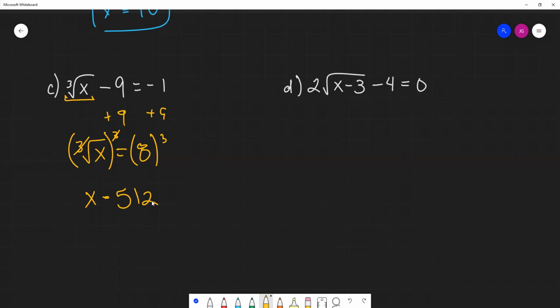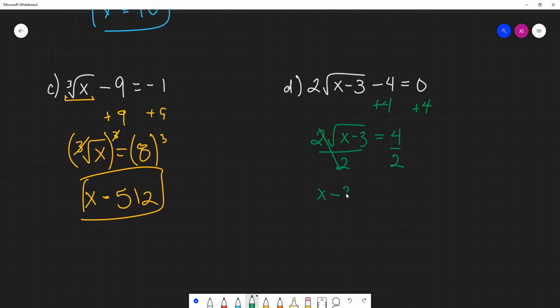is 512. All right, and then last part of this example, 2 square root of x minus 3 minus 4 equals 0. We'll start by adding the 4 over. I get 2 square root of x minus 3 is equal to 4. Then I can divide both sides by 2 to get rid of this 2 out in front.